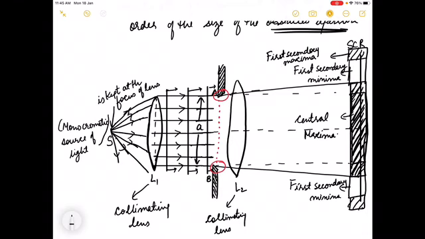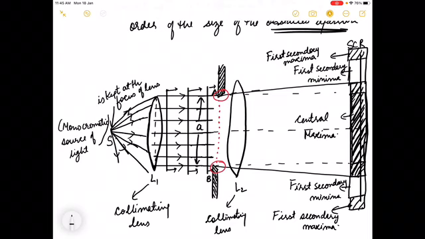Maxima means we are getting a bright spot, minima means we are getting a dark spot. I hope you can follow. This is your first secondary maxima. So this is how we are going to see the pattern.